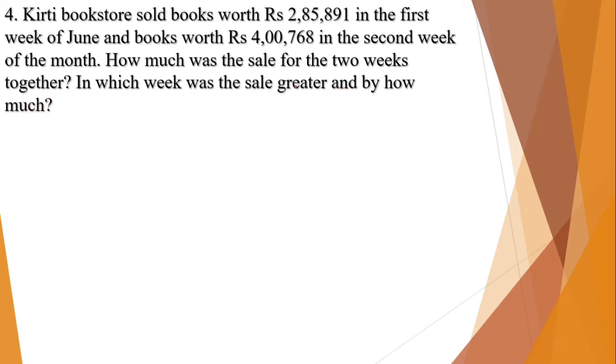Now, in Kirti Books Store, the book sold worth in the first week was 2,85,891 and in the second week it was 4,768. Now we should find the sale for 2 weeks together. Now if this together comes, we should add them. So let's add it.